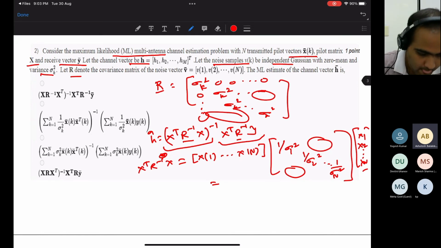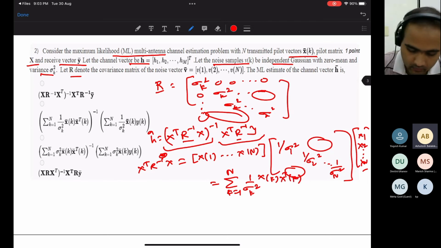If you solve this, you get the sum over k from 1 to n of 1 by sigma k square, xk, x transpose k.